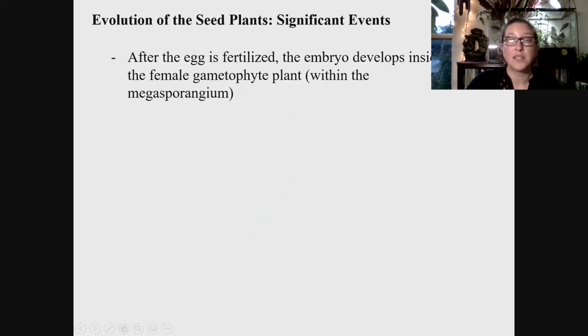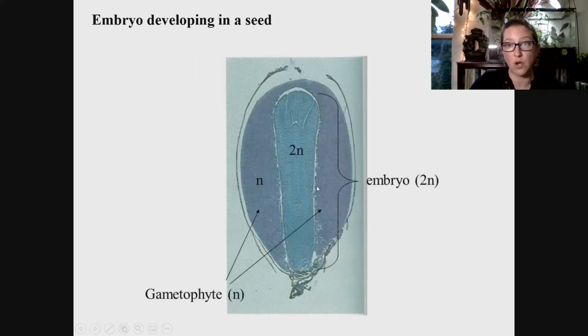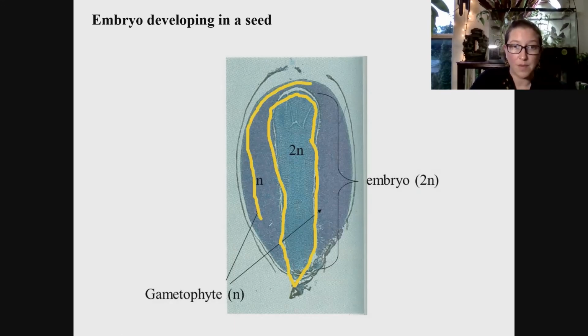After the egg is fertilized, the embryo is going to grow inside of that female gametophyte plant. So inside of that megasporangium, and this is what we saw during that seed lecture, right? This whole thing in the middle is your new sporophyte plant, surrounded by the female gametophyte plant because that's where the egg was.